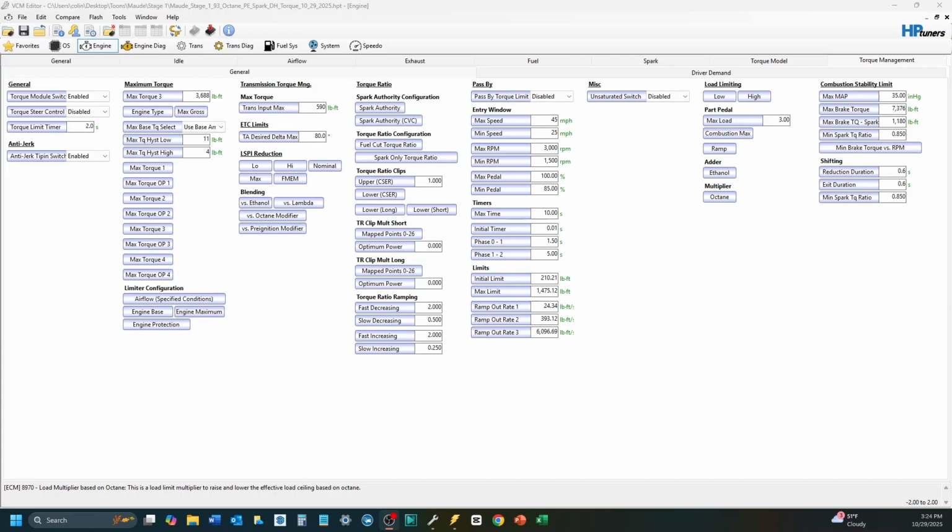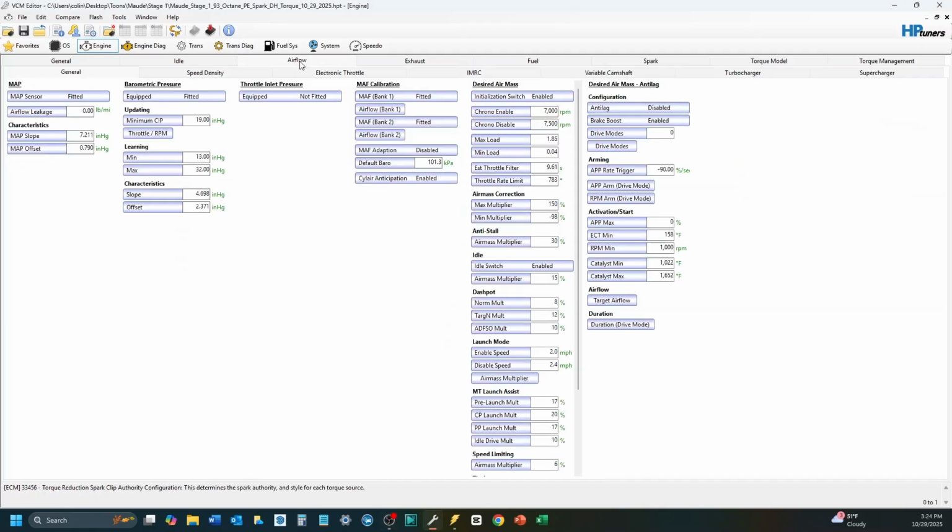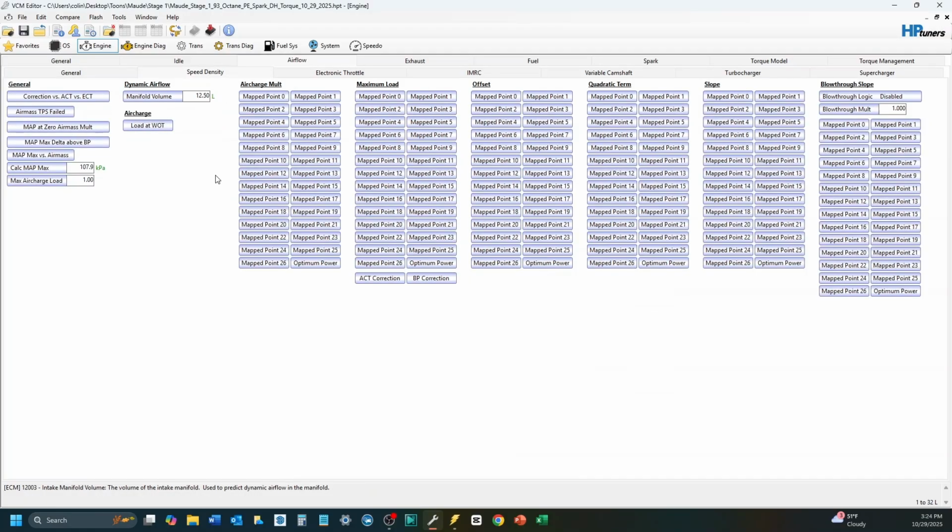All right, so getting back into it. Here is my tuning file. You can see where I'm making some changes in torque. If I come back to airflow and I go to my speed density, here are all the different speed density tables. This gets pretty exciting because there are 3 that we're interested in: offset, quadratic term, and slope.